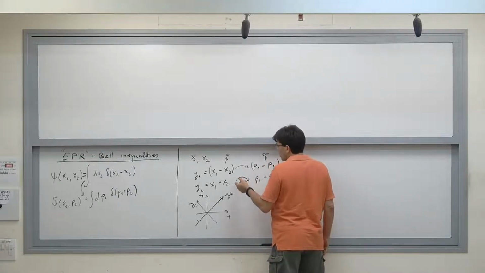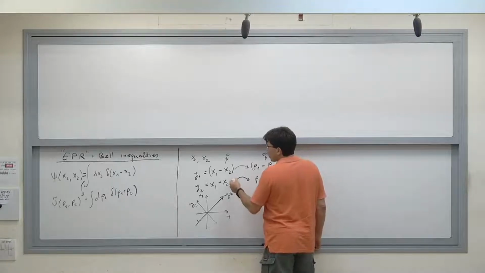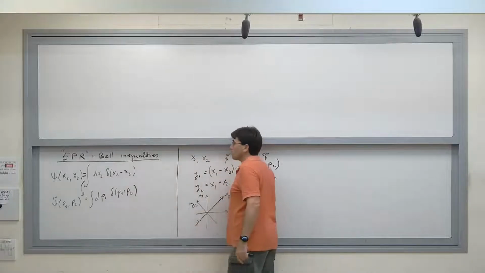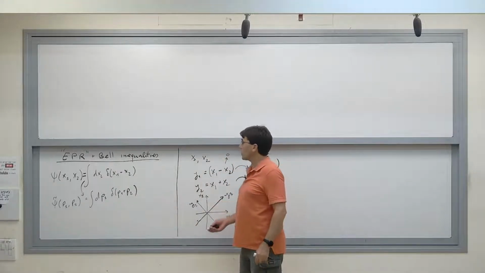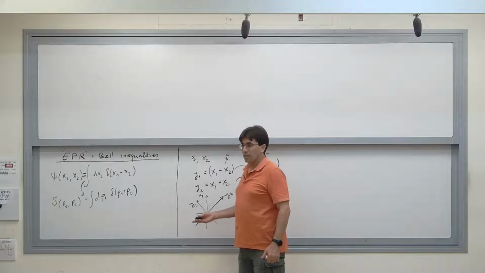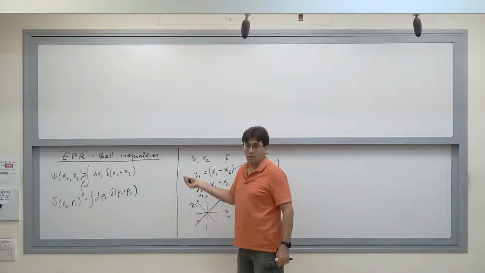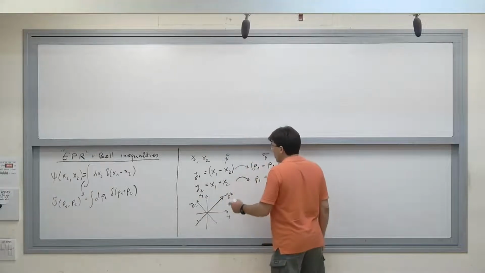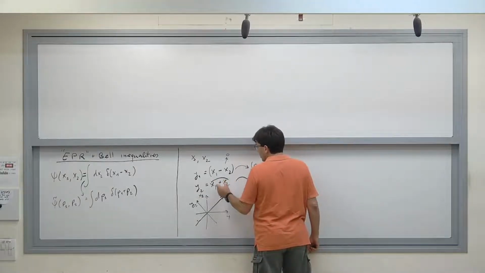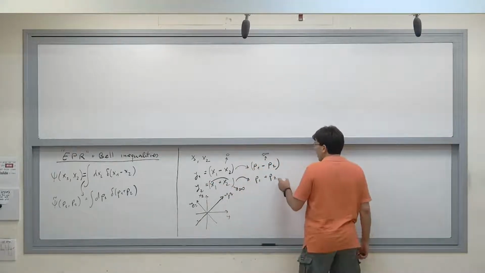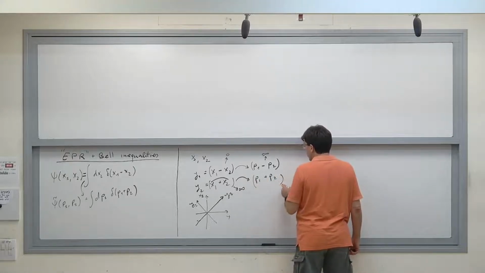On the other hand, this one we don't know. If you ask me what is x1 plus x2, it could be anything. x1 and x2 are the same value, and they could be anywhere, so their sum is anything anywhere. So this one is diverging, and this one can go to 0.